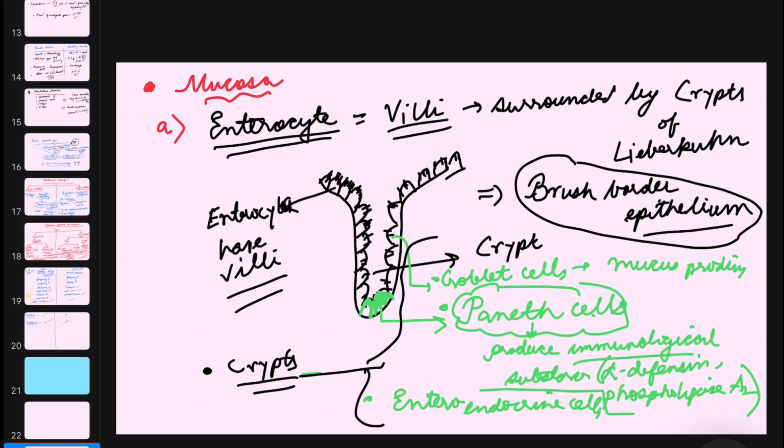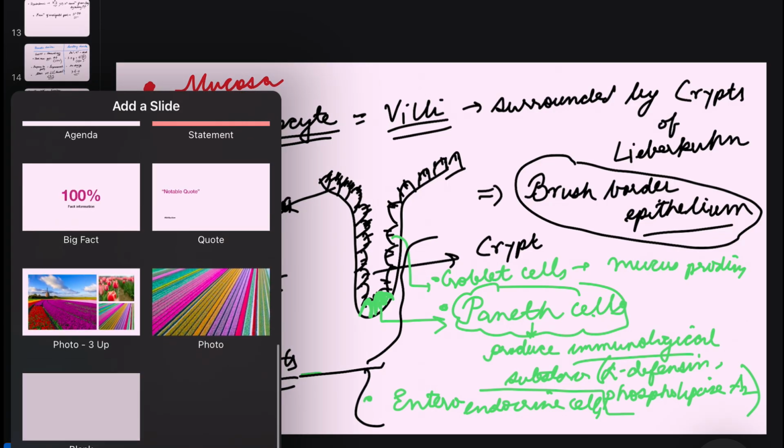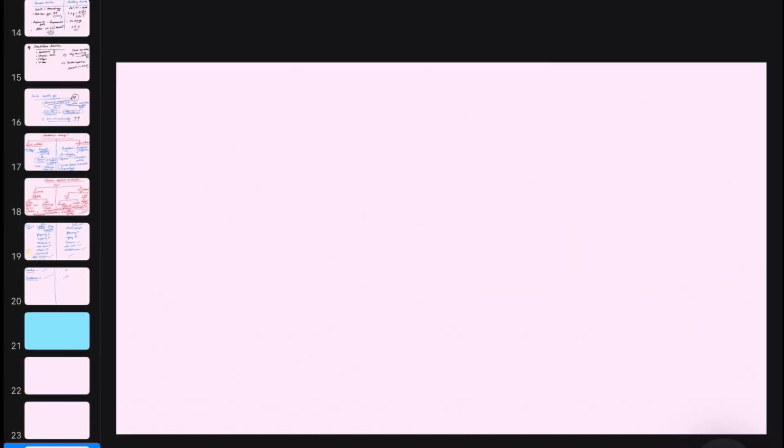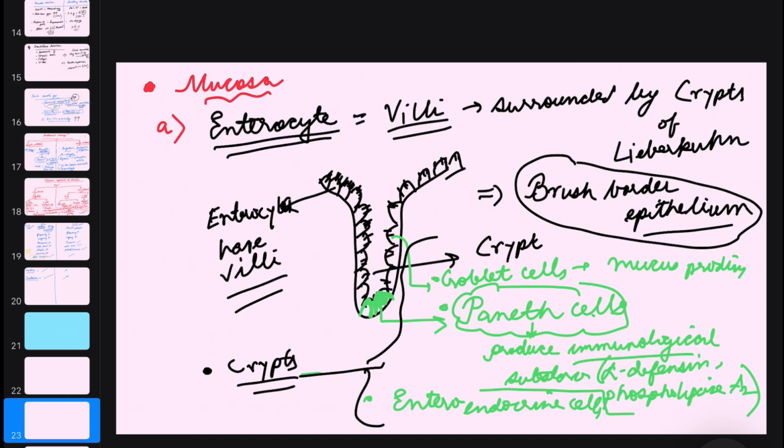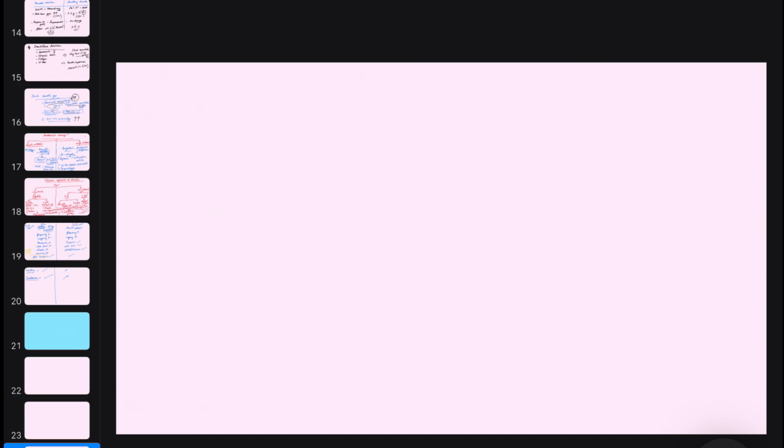Now, what layer are we talking about of the small intestine? We are talking about the mucosal layer of the small intestine. So in the mucosal layer itself, we talked about the enterocytes. Now let's talk about another layer of the mucosa itself, which is called lamina propria.